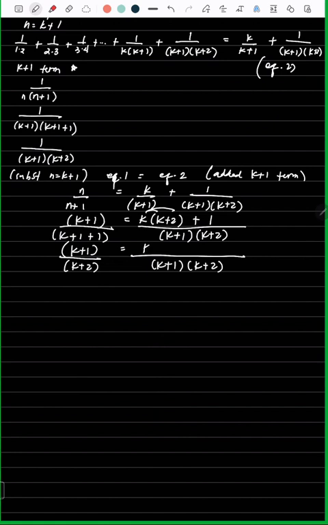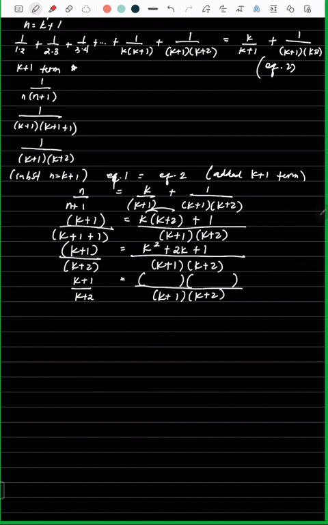Now, we want to prove that it would be equivalent to this, right? That's what we want. But as you can see, if I'm going to simplify the numerator of our fraction, this would become k squared plus 2k plus 1. Now, again, in mathematical induction, it is important that you still remember algebra because, as you can see, our numerator should be factored.